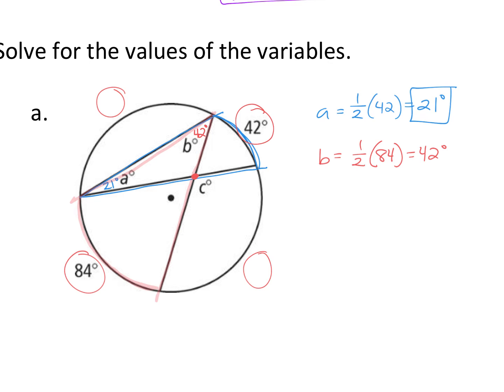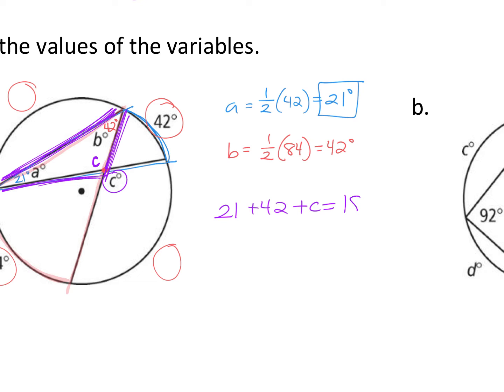Julia. 180 minus 42 minus 21. Right. So this C is a vertical angle with this one, right? And you have a triangle. And triangles always add up to 180. So 21 plus 42 plus C should equal 180.